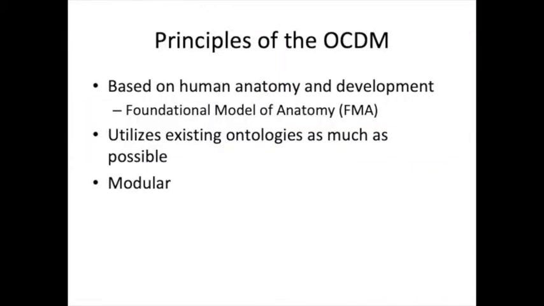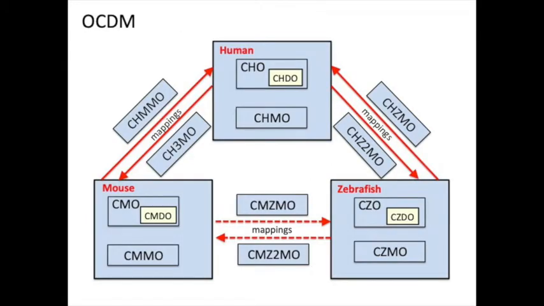The principles of the OCDM are that it's based on human anatomy and development, particularly on our Foundational Model of Anatomy, which has now become the primary ontology for representing human anatomy. We utilize existing ontologies as much as possible, and it's modular. An example of the modularity is this overall schematic of the OCDM.